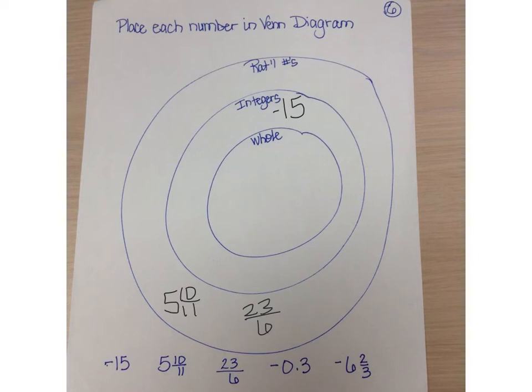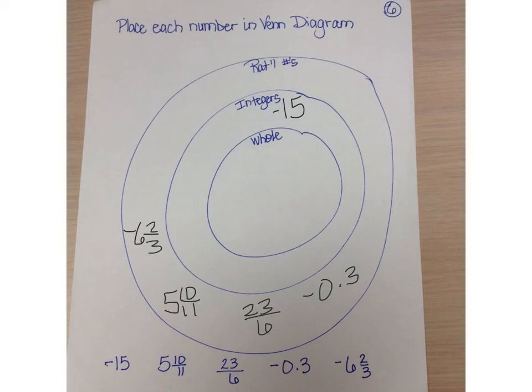Well, that's a decimal, so it will go out here. And we have negative 6 2/3. Now remember, just because it's negative doesn't mean it goes into where the integers are. It's a fraction, so the only place you can put that is out here on the outside.